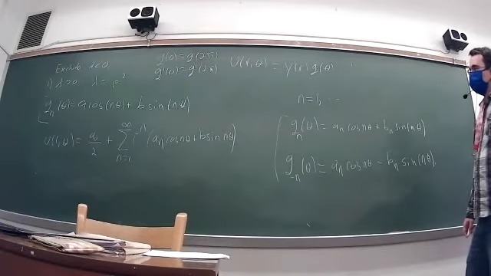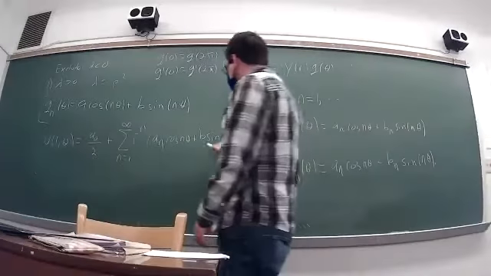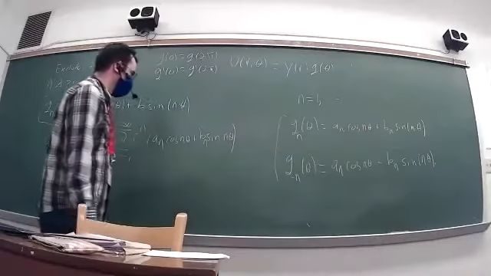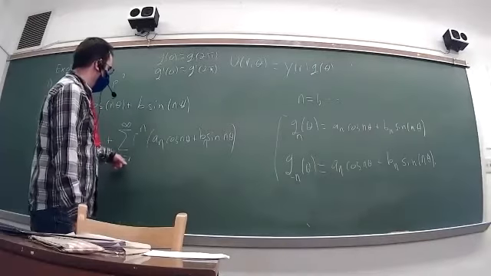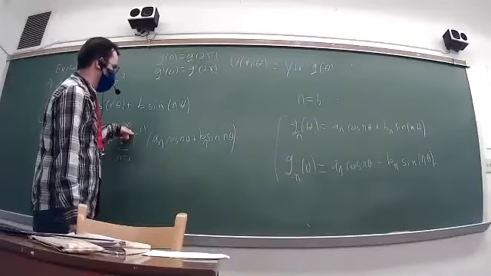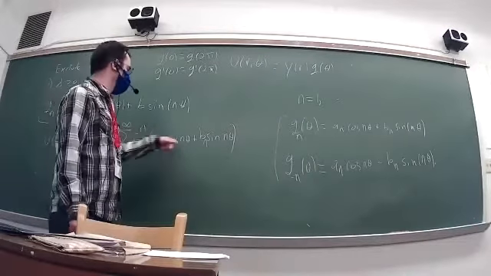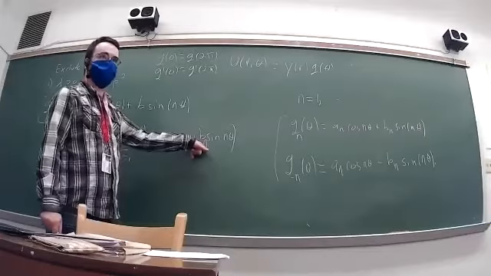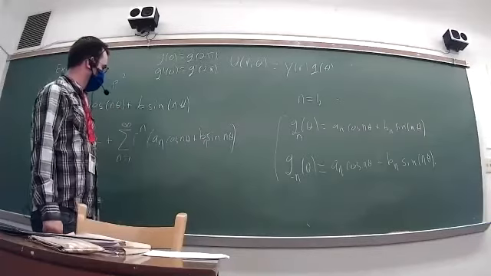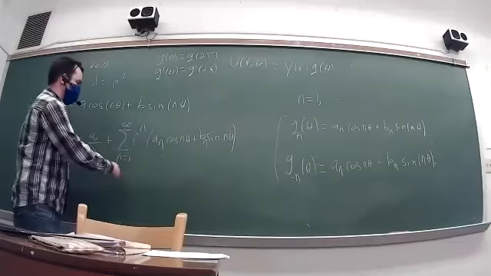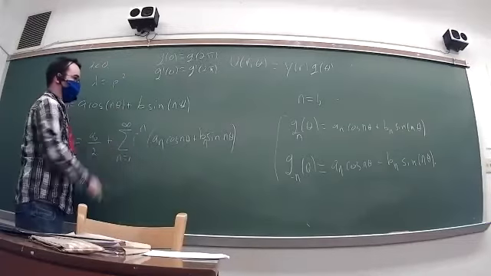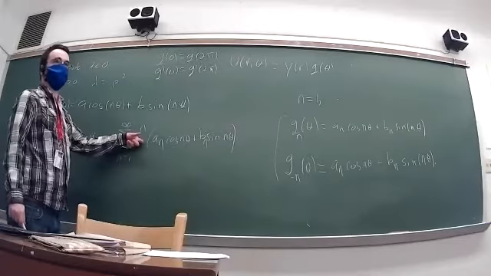But here's the thing. You can either let n go from 1 to infinity and allow yourself to choose a_n and b_n constants, or you could go from negative infinity to positive infinity and have a single constant here.